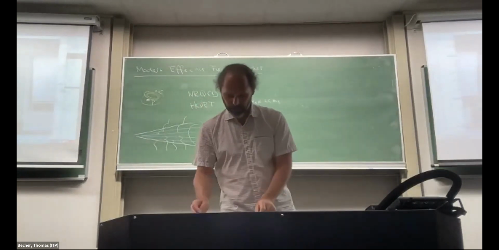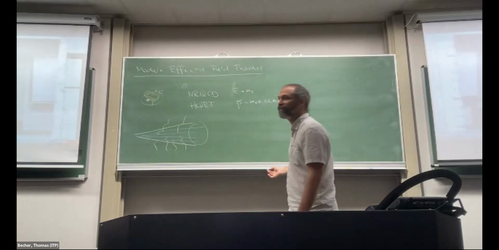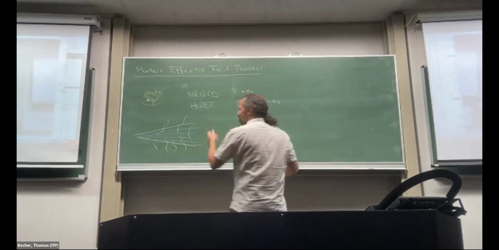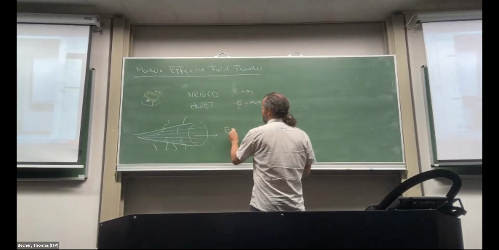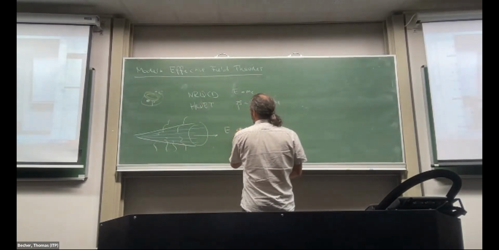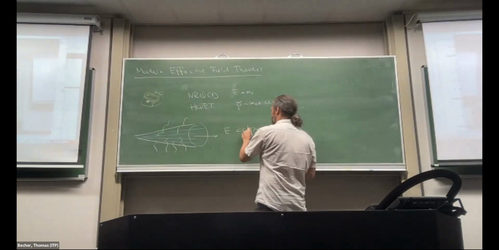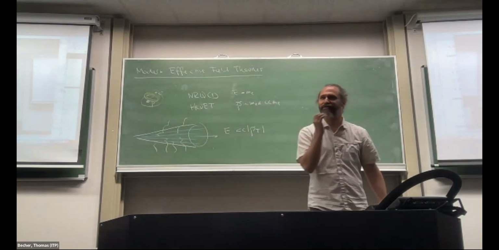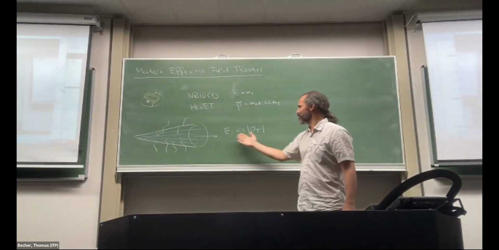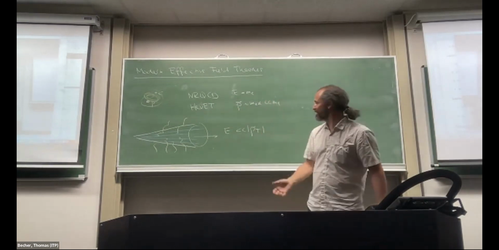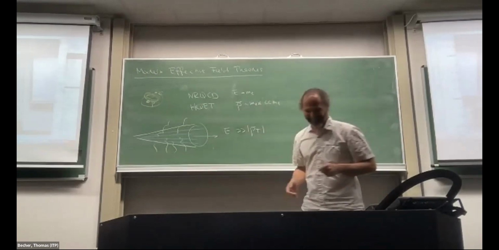And again, not all components of the momentum scale the same here. So the energy here would be very large, but the transverse momentum would be very small. Exactly what we've been discussing all week. Again, a situation which is not very Euclidean. Maybe the other way around would also be interesting.